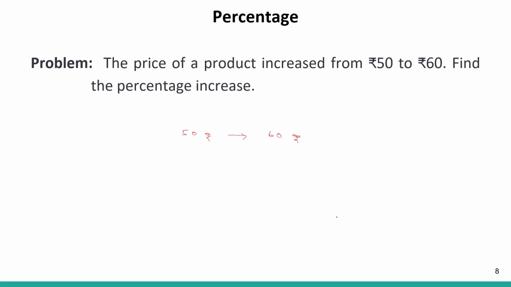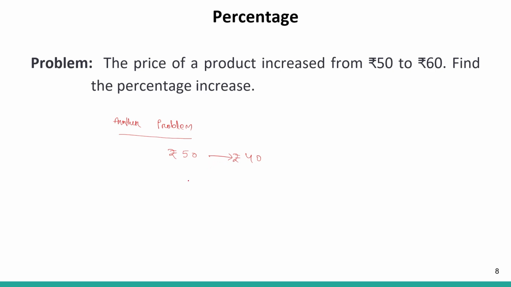Let's see if the problem was something like this. Another problem: initially its price was 50 rupees, but after some time it became 40 rupees. Find the percentage increase or decrease of this product. The first question in your mind must be how to know whether it is an increase or decrease.